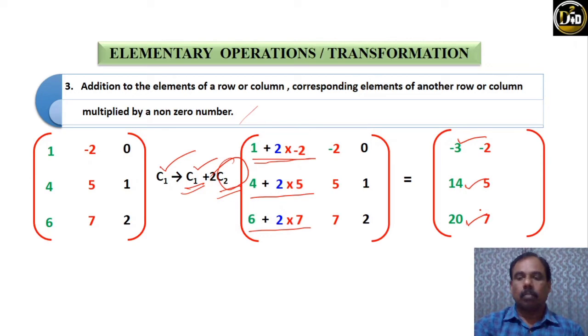And second column and third column remain same. So we get the new matrix minus 3, minus 2, 0, 14, 5, 1, 20, 7, 2, with the column operation C1 implies C1 plus 2 times of C2.